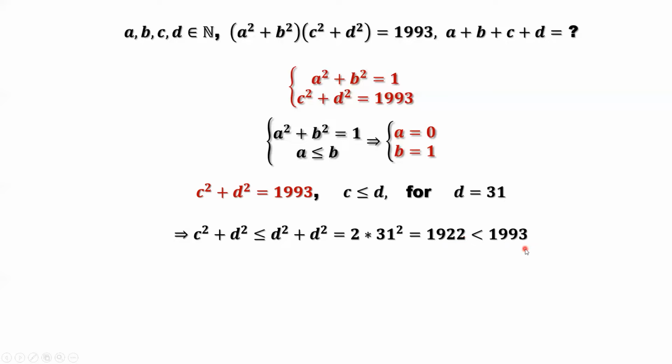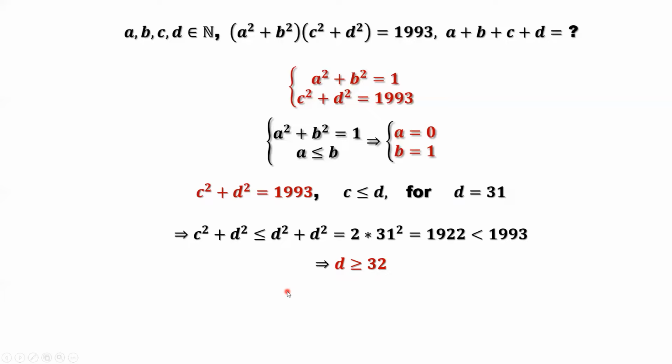What does this mean? If d equals 31, c squared plus d squared cannot be equal to 1993. That means d is too small. So this implies d must be bigger than or equal to 32. Otherwise, the equal sign cannot be true. We find the lower bound for d.